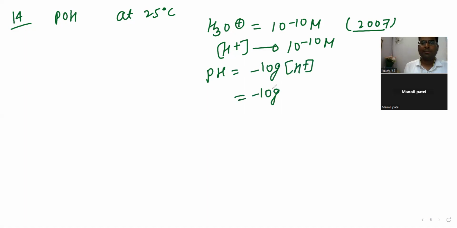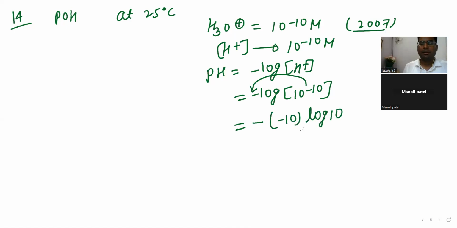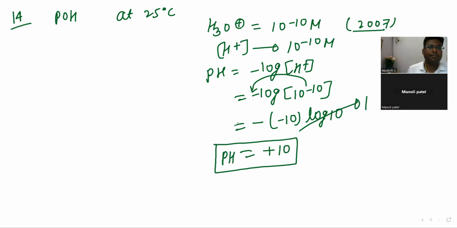So put here the H plus ion concentration, 10 raised to minus 10. This power will come out, so it is minus of minus 10 log of 10. Log 10 we know is 1, and minus and minus will become plus. So pH is 10.